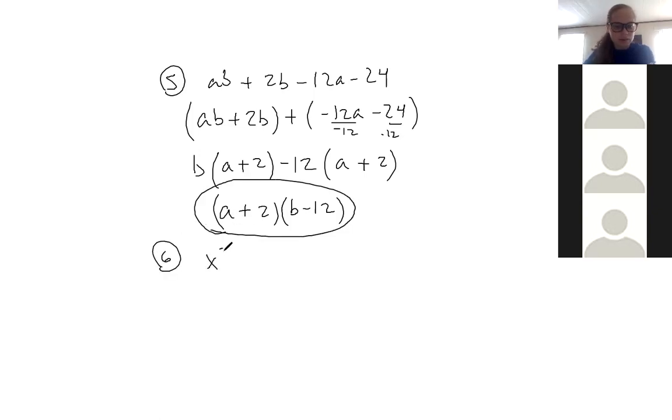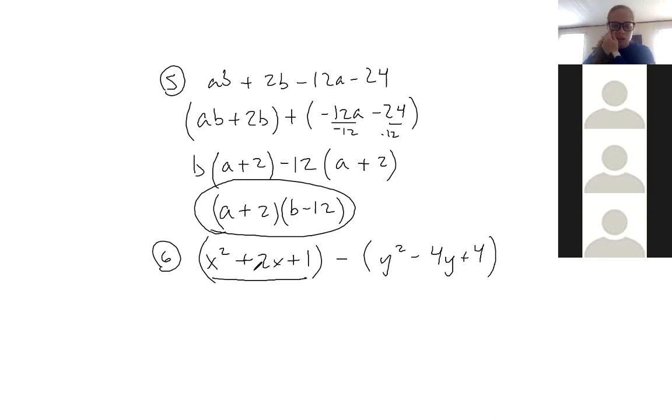And number 6, x squared plus 2x plus 1 minus y squared minus 4y plus 4. Okay, let's take a look at these ones separately. So let's focus on this one right here. Is this a perfect square trinomial?